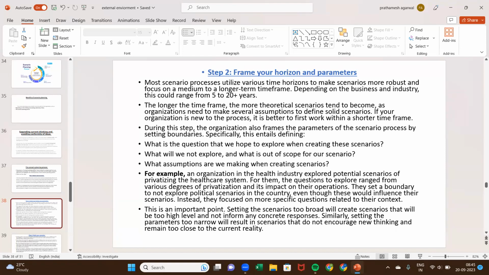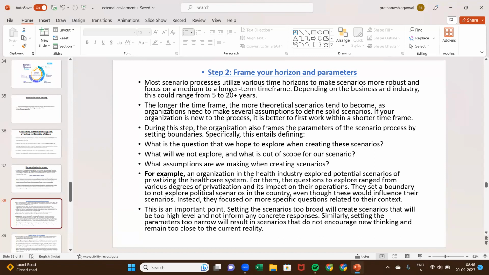This is an important point. Setting the scenarios too broad will create scenarios that will be too high level and not inform any concrete responses. So many scenarios you have created, so many. So what happens in the end, it becomes very difficult for a company to focus on those scenarios which are really important to them. Similarly, setting the parameters too narrow will result in scenarios that do not encourage new thinking. What this point says is that you should not focus on too many scenarios; the results will not be so good.